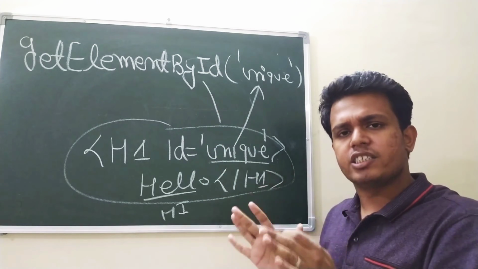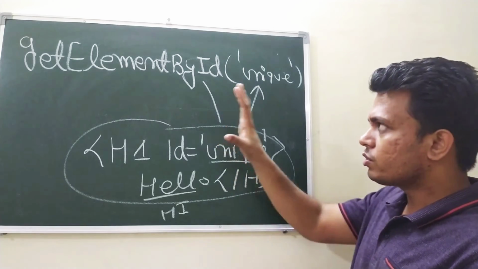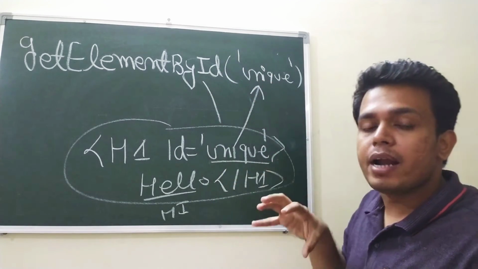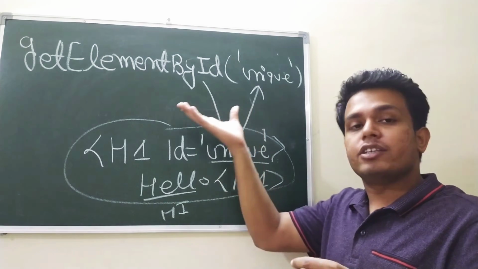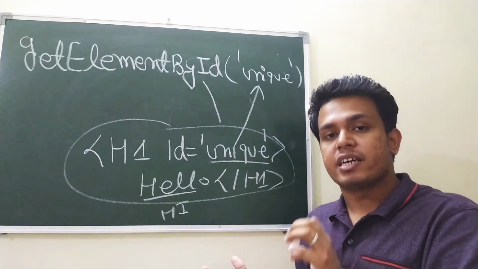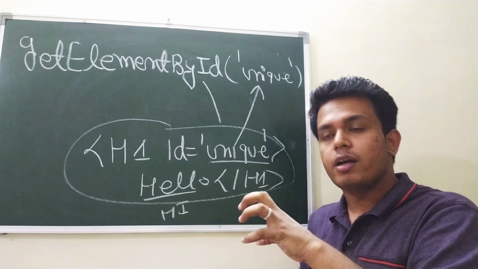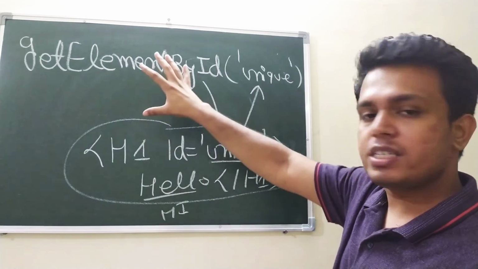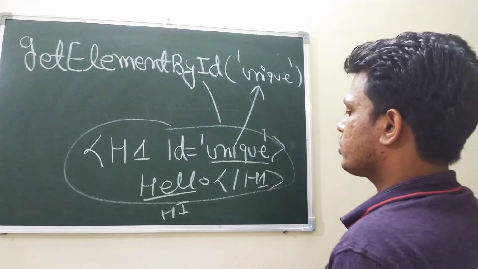We will discuss each and everything. Don't worry about it. So just grab the concept of how we can grab an HTML element in JavaScript. Once the element is grabbed, once the element is captured, we can do anything, right? So this is our first API. We will discuss 6 more.